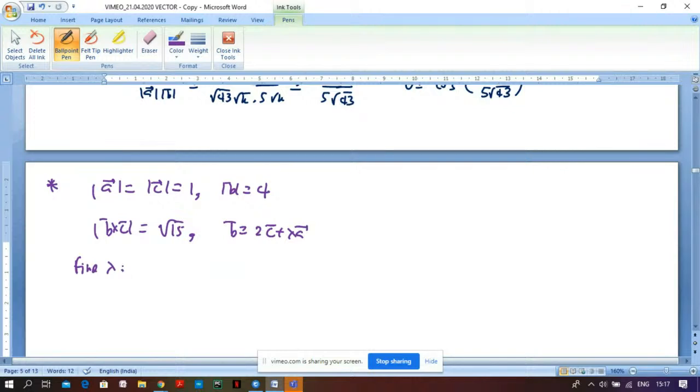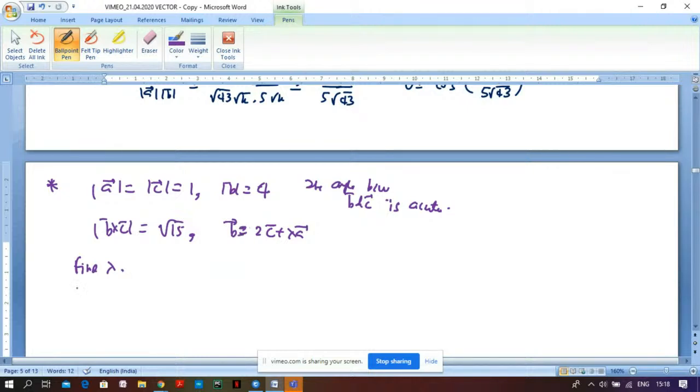One more thing is given, that is, we can say that the angle between b and c is given to be acute. Now, this kind of problem, how to approach now? You are getting b is 2c plus lambda a.